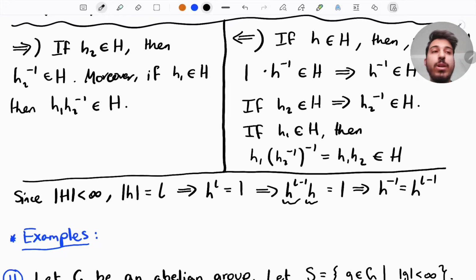But h to the L minus 1 is an element in H because H as a subgroup is closed under operations. So if we know that it's closed under operations, then the inverse, which is equal to that, is also automatically inside H. Therefore, by default, inverses will also be inside H, and H is closed under inverses.